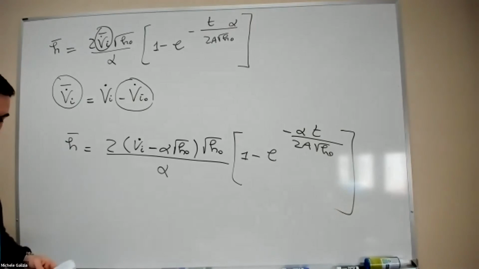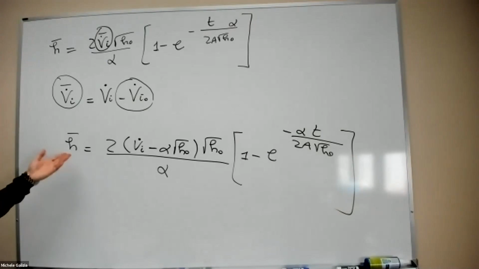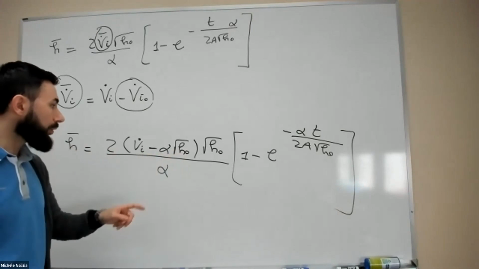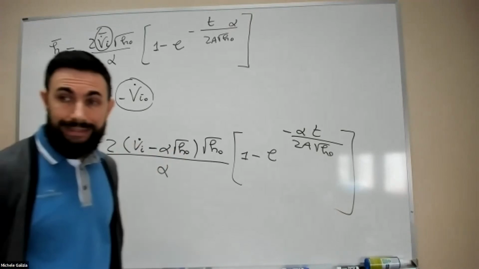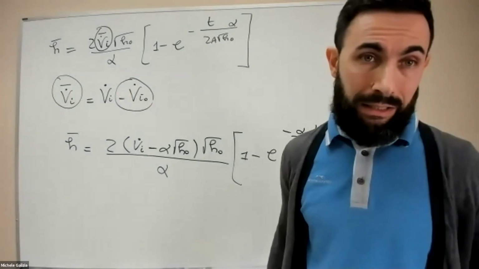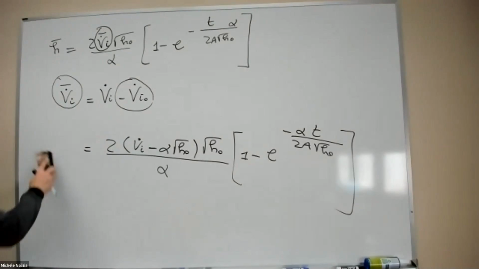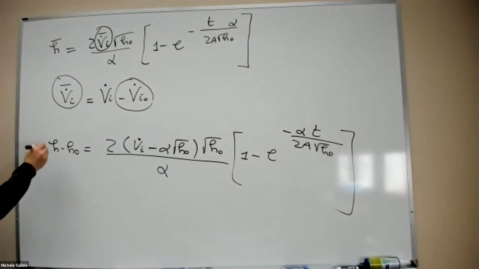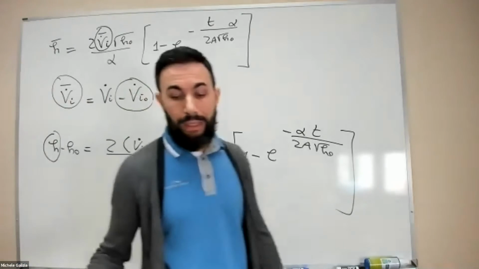Now, and we can see this next time, just replace here the same numbers for alpha, h0, Vi dot that we used last time, and you will get exactly the same result as before. Obviously, this is h minus h0. So if you replace the numbers that we used before, you will get exactly the same value of h that we got last time. Does this make sense for everyone?